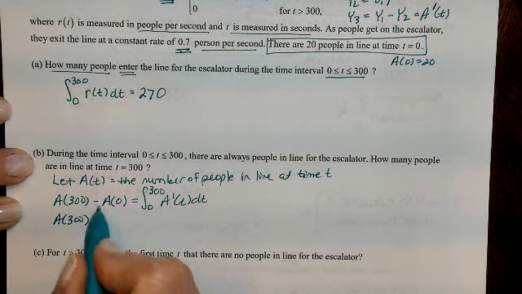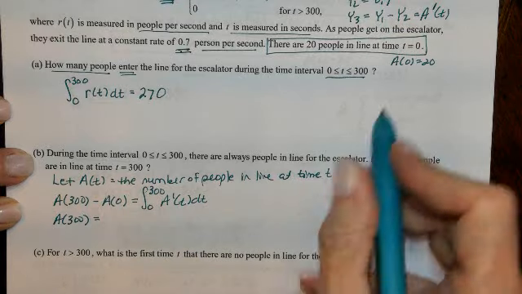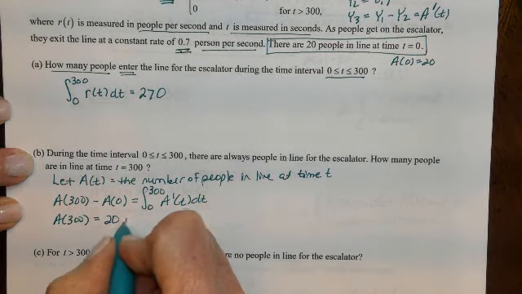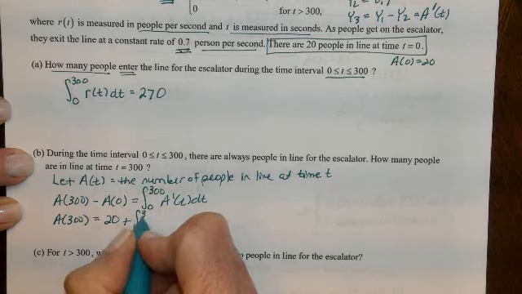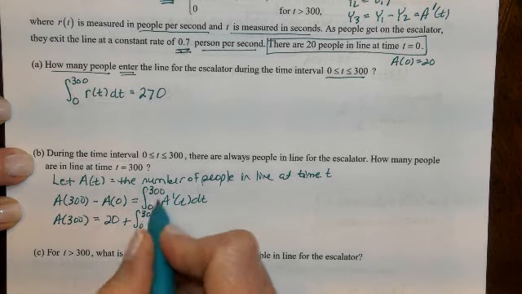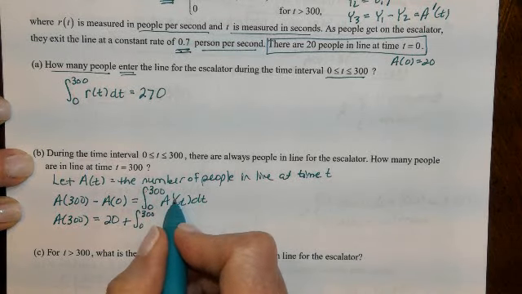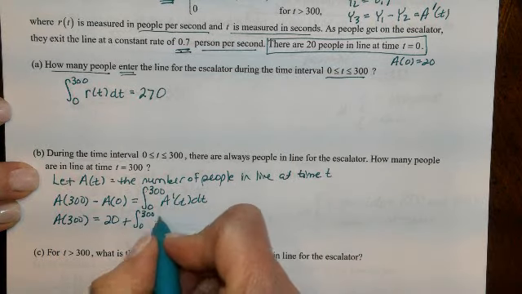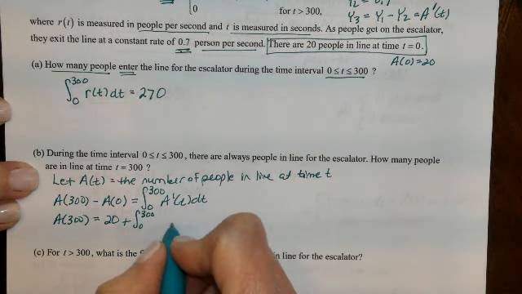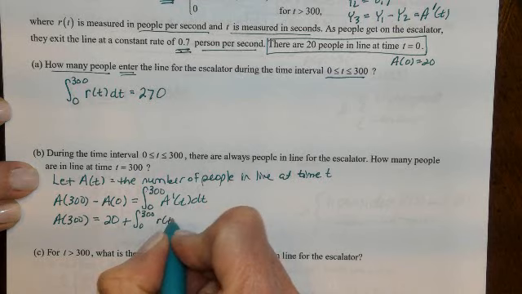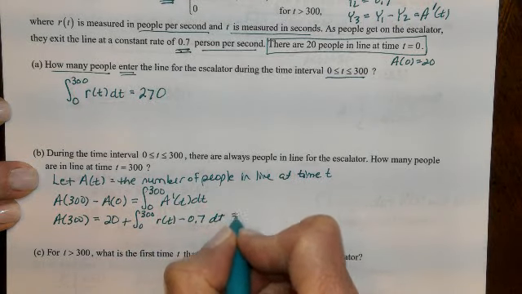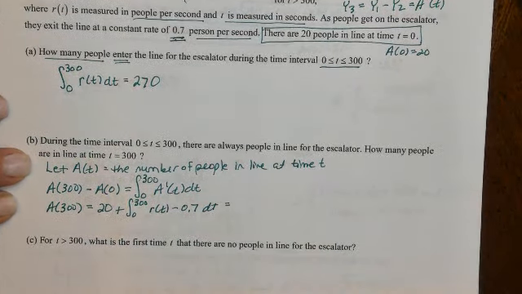Okay, at time 0, the amount of people is 20. They gave us that. Taking that to the other side, plus, all right, A prime is going to be the rate in minus the rate out. So I need to tell AP that. So that's my rate in minus my rate out, and the rest will just be calculator.